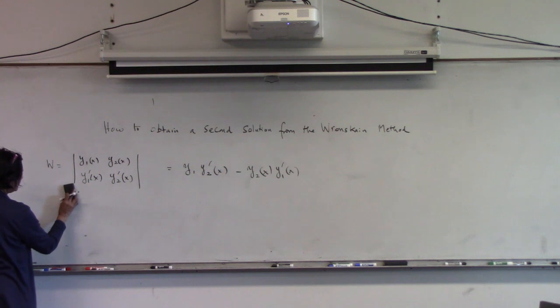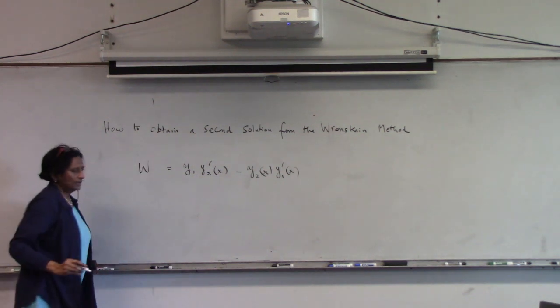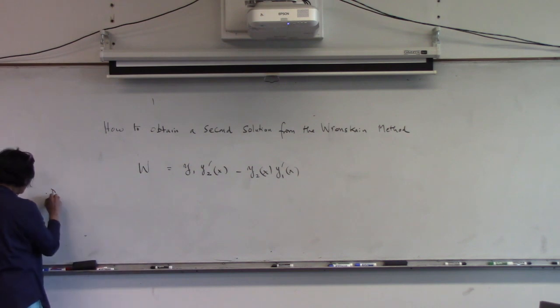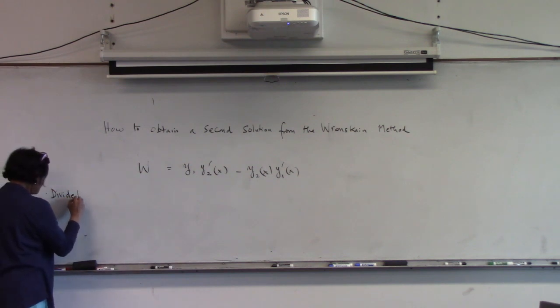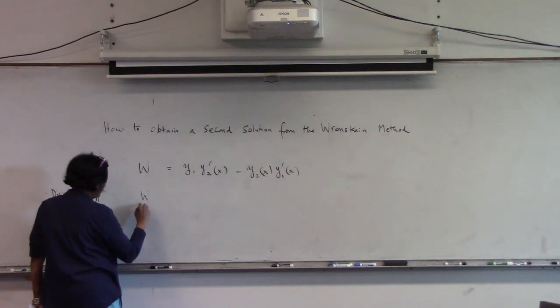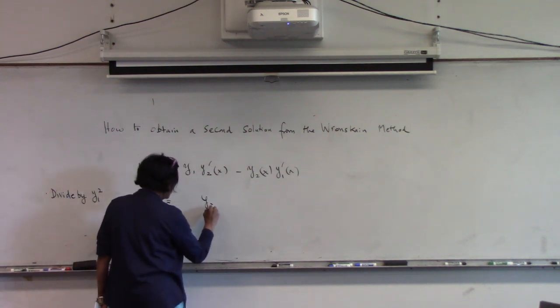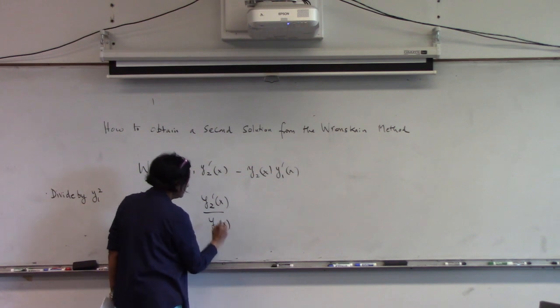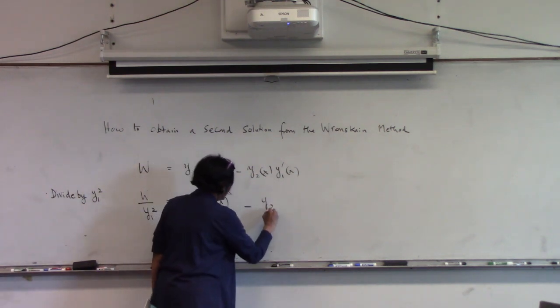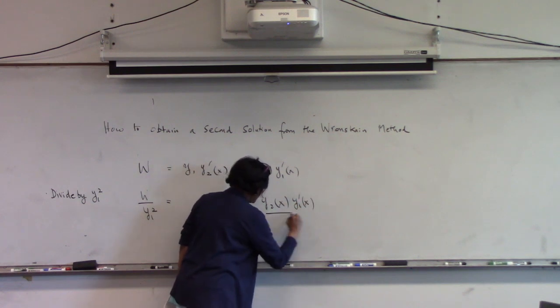Okay, so I'm just going to get rid of that so you can see it here. Now divide this equation by y1 squared. So we have W by y1 squared is nothing but y2 prime x divided by y1 x minus y2 x y1 prime x over y1 square x.